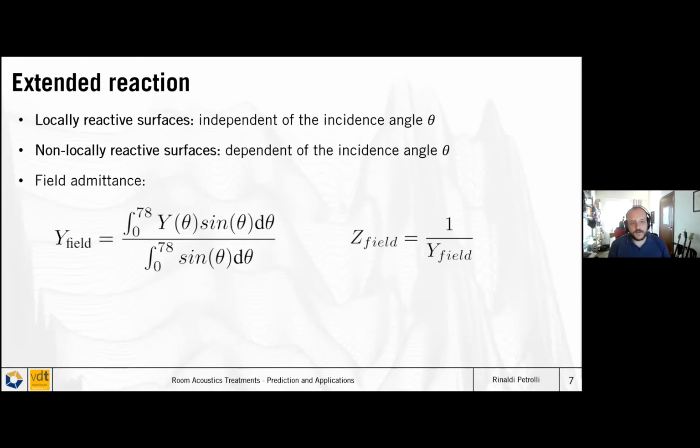And this is a bit tricky and has to be used with caution, because you have to know if your treatment is dependent on the incidence angle or not to use this. It is not recommended to just use this for everything, because it does not always make physical sense. For instance, a membrane is not dependent on the incidence angle because the top layer is just rigid, right? Similar to drywall and this type of stuff. So this has to be used with caution.